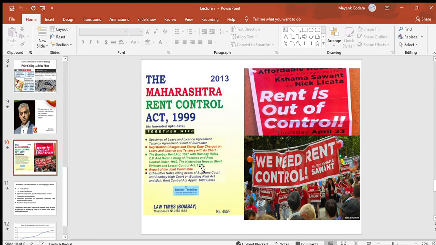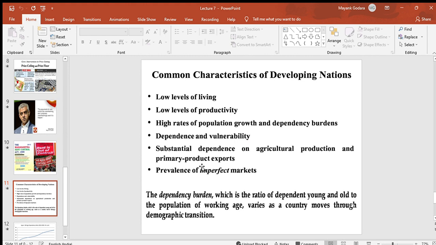You can see the Maharashtra Rent Control Act of 1999: the rent was totally out of control, so the Maharashtra government intervened and made a price ceiling so that people can afford to live in their apartments.